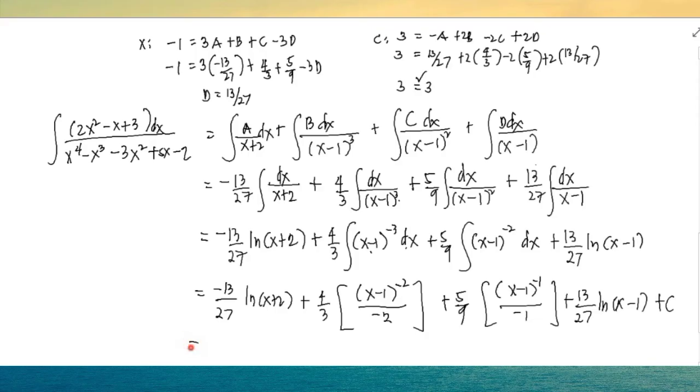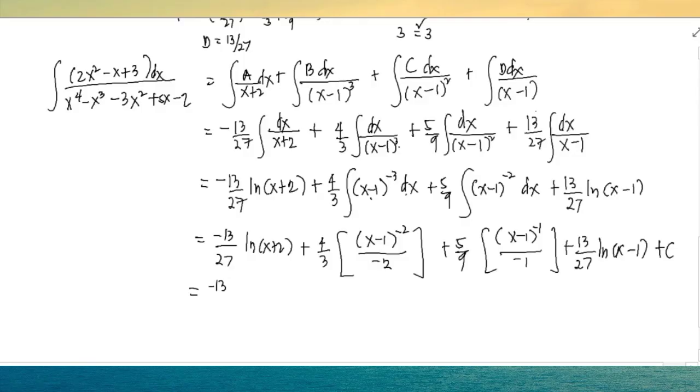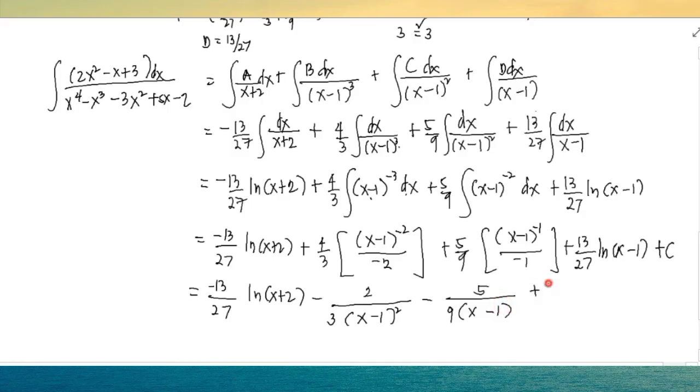So simplifying further, we would have negative 13 over 27 ln of x plus 2, and we would have here negative 2 over 3, yung x minus 1 raised to negative 2 ay baba na natin, so that's x minus 1 square. And in here, we have negative 5 over 9, baba na natin si x minus 1, plus 13 over 27 ln of x minus 1 plus c.